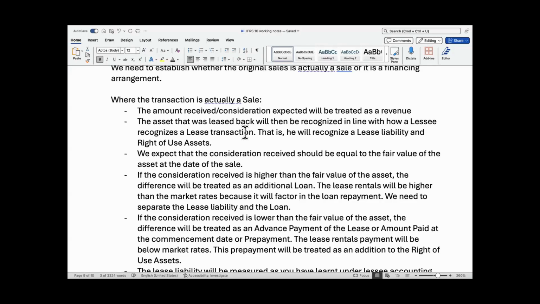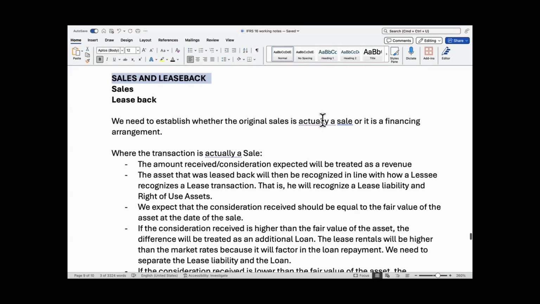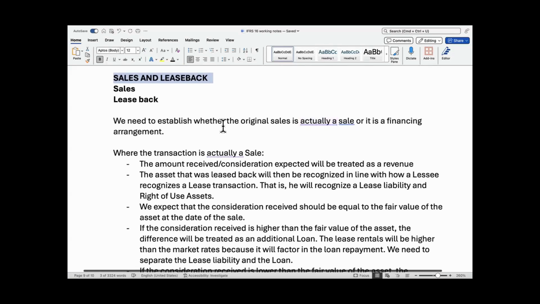So again, you sold an asset and you leased it back. We said the accounting issue here is we want to establish whether the original sale is actually a sale or it's a financing arrangement.